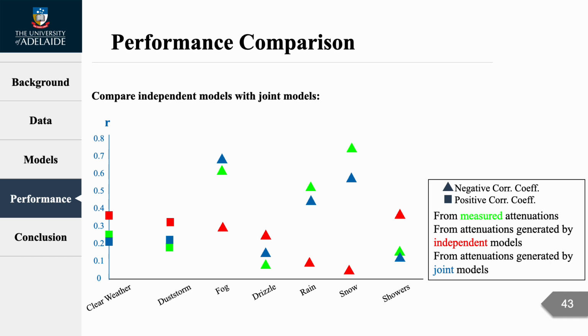Meanwhile, the red and blue symbols indicate the correlations predicted by the independent and joint models respectively. As you can see, the blue symbols representing the joint model are generally closer to the green ones, suggesting the joint model does a better job of predicting how RF and FSO correlate. So we consider it the better option.